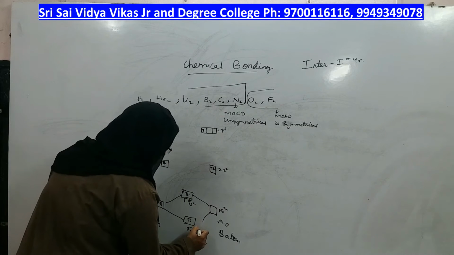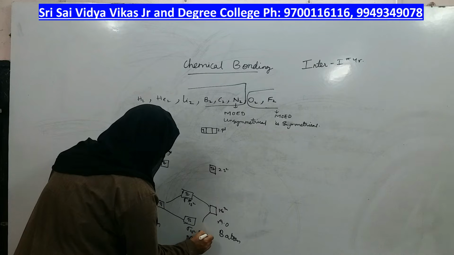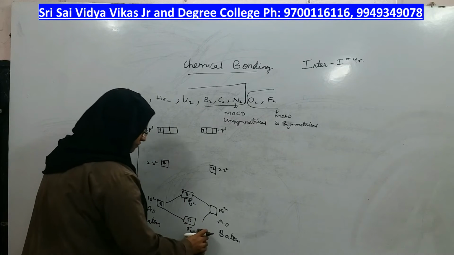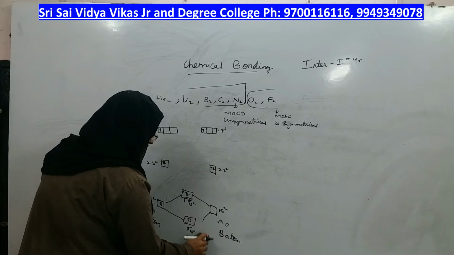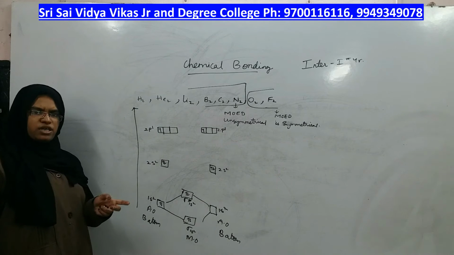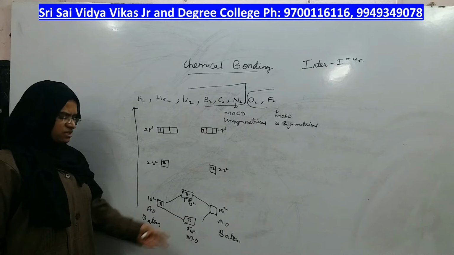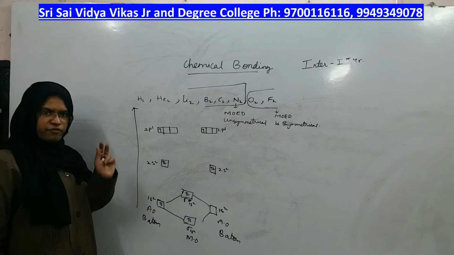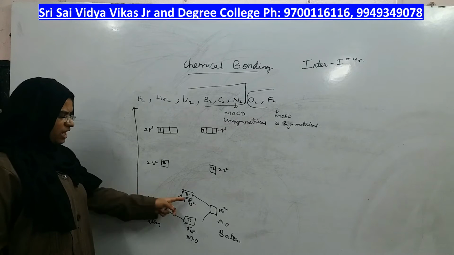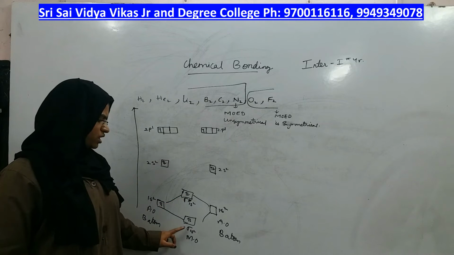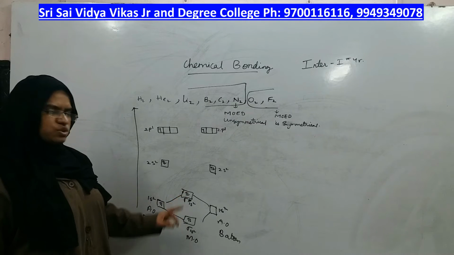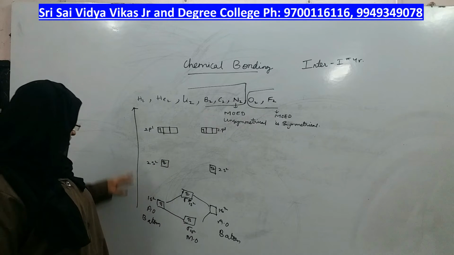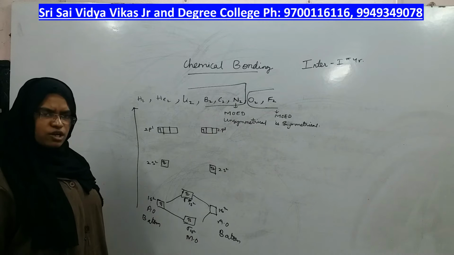This is bonding and this is anti-bonding. I don't have to mention that every time, because if there is a star, it is anti-bonding. If there is no star, it is bonding. Bonding should be below and anti-bonding should be above, right? You cannot write sigma star 1s2 here or sigma 1s2 here, because anti-bonding should always have higher energy and bonding should have lower energy.